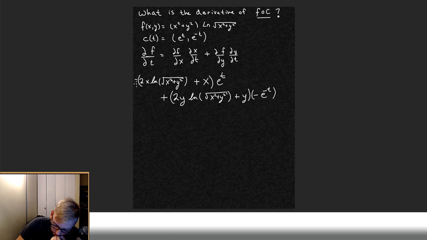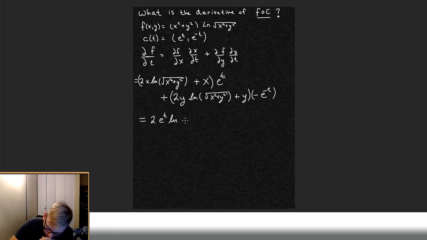And I'll write an equal sign here. Good. Then we need to multiply it all out and simplify it. We've got to sub in the e to the t and the e to the minus t for the x and y values. So let's sub it in now. We're going to have 2, and instead of x, we have e to the t.